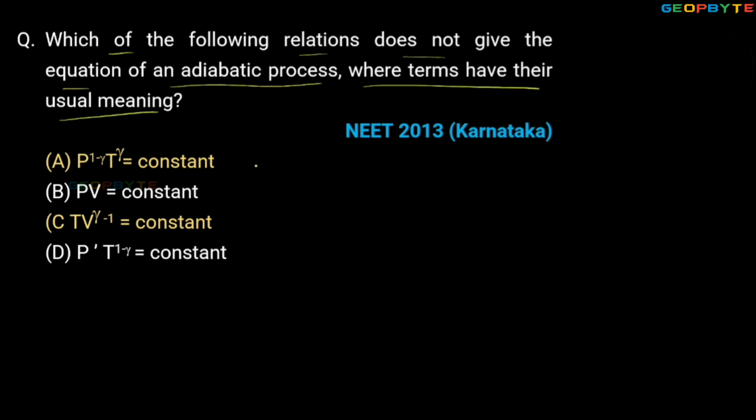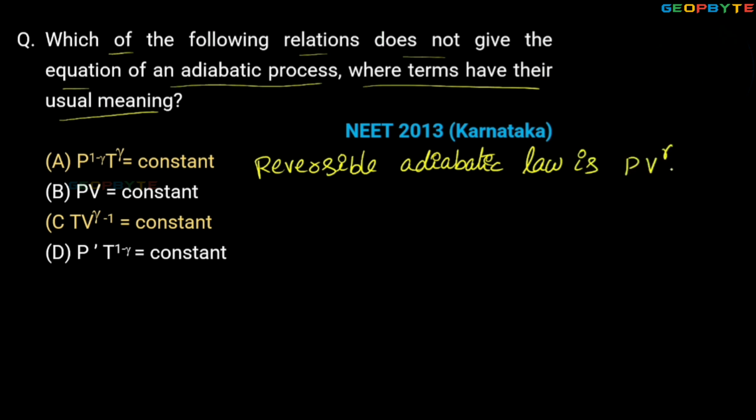As you know, the reversible adiabatic law is PV power gamma equal to constant. Since PV power gamma equal to constant is the adiabatic law, PV equal to constant does not come under the adiabatic law. That is the isothermal law.